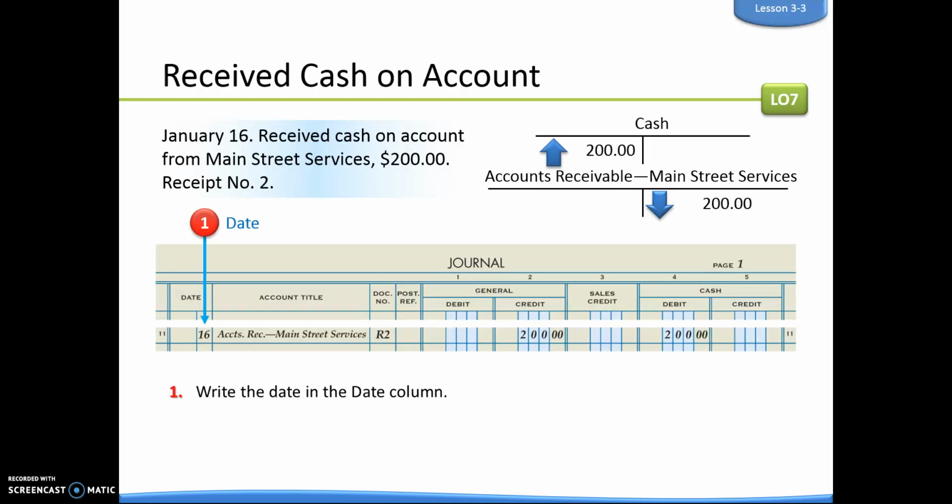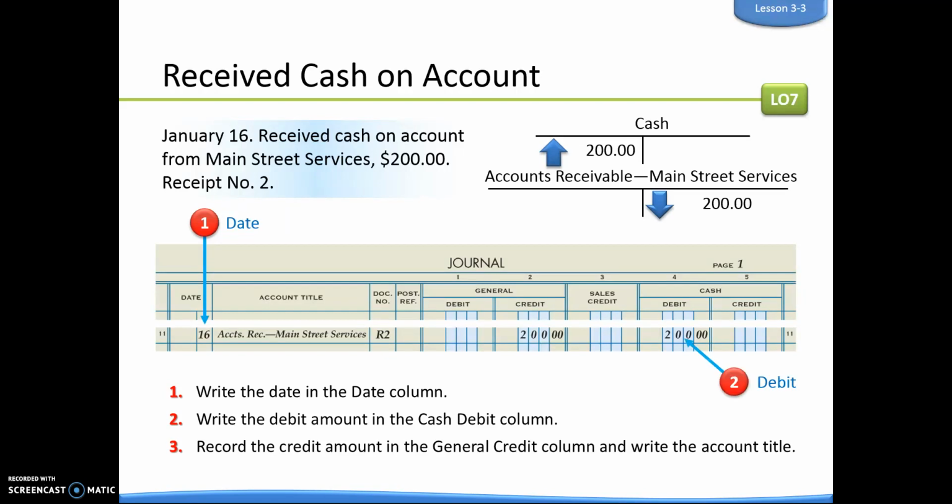Again, we put the date, the 16th. Our debit is technically for cash, so I would fill that in first because I always do my debits first. And then my credit is for accounts receivable, Main Street Services. Again, I don't think I mentioned this before when we had accounts receivable, but this is the abbreviation. Feel free to use that if you run out of room.